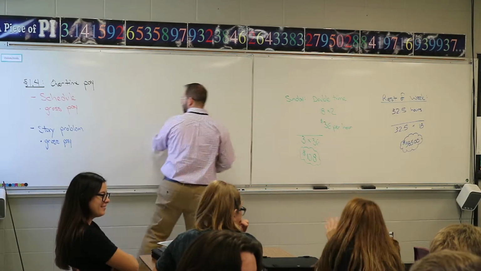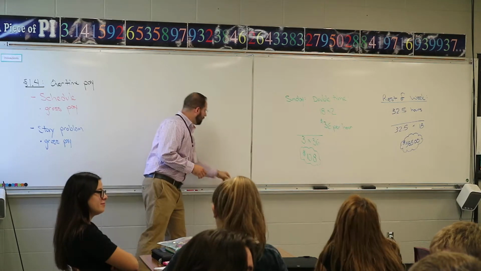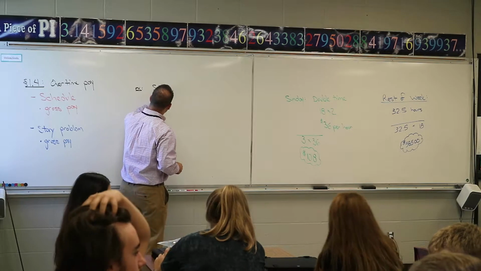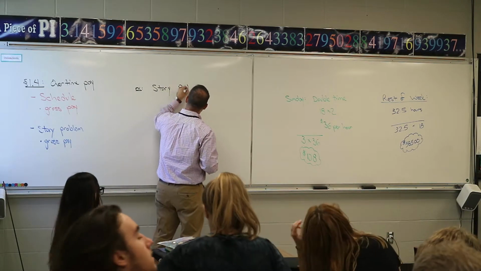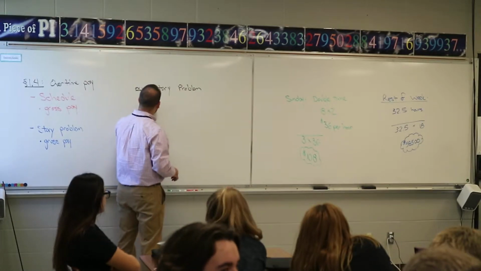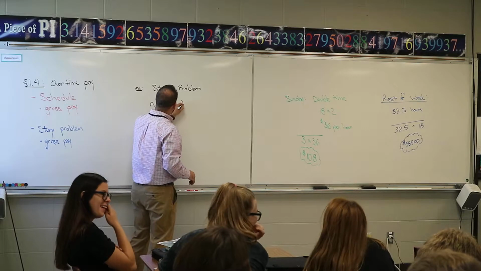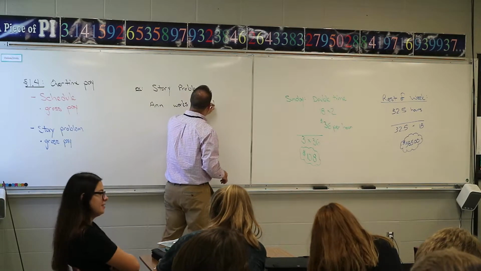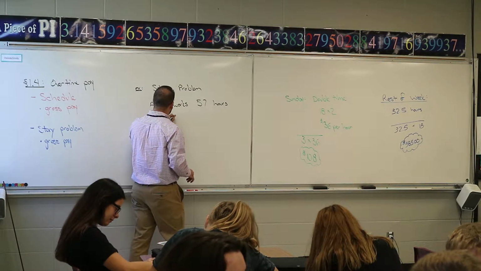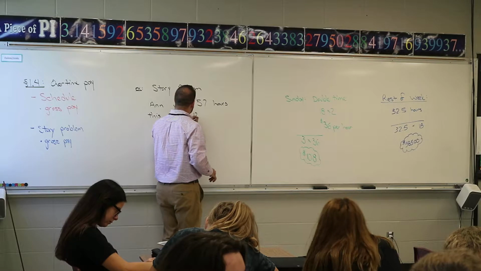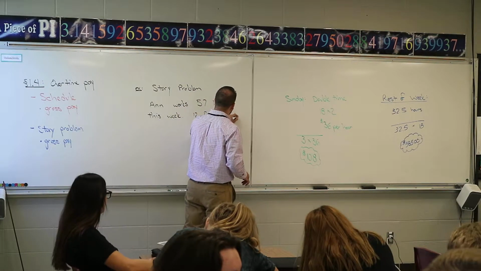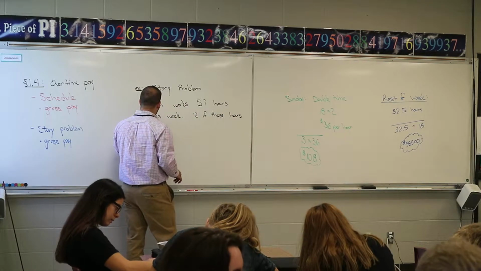All right, here we go. So that's my example of a story problem. All right, so I'm just gonna pick a random name. We're gonna go with Ann. Ann works 57 hours this week. Twelve of those hours were overtime.